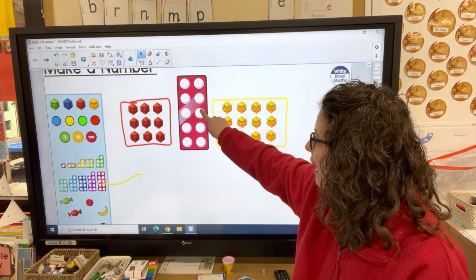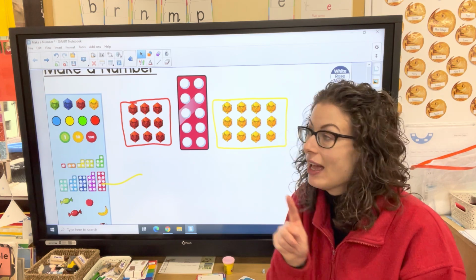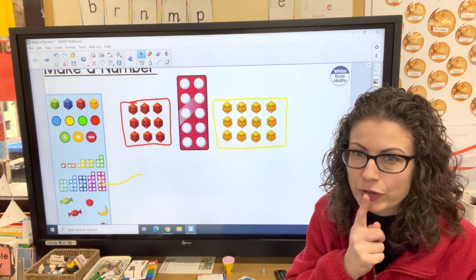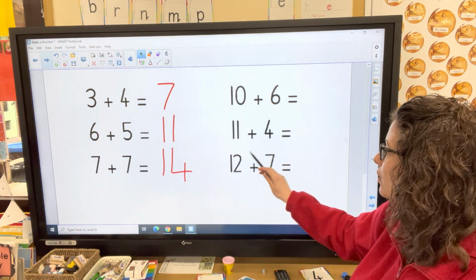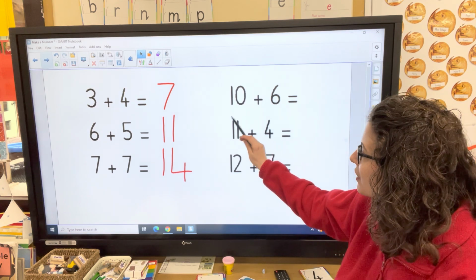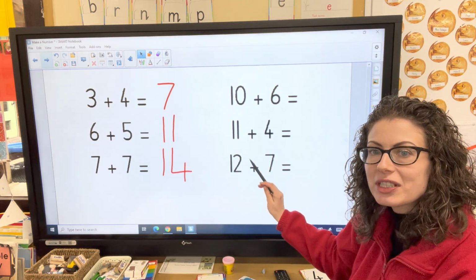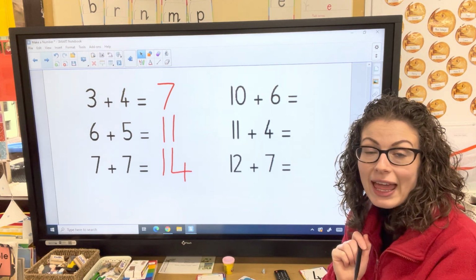I've just showed you that there. But we don't have a number 11 Numicon. And we certainly don't have a number 12 Numicon. So your challenge when you're working out these number sentences is, how are you going to make your part 11? How are you going to make your part 12? Do you have some Numicon that can help you?